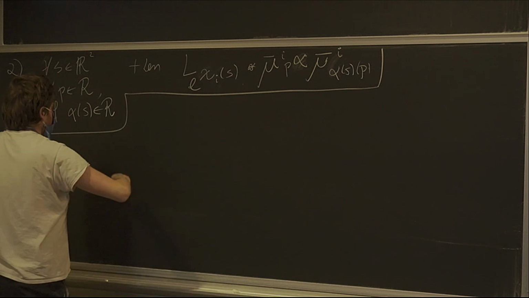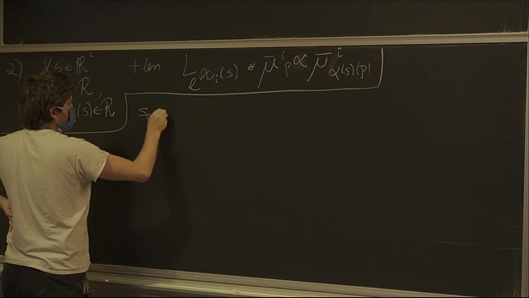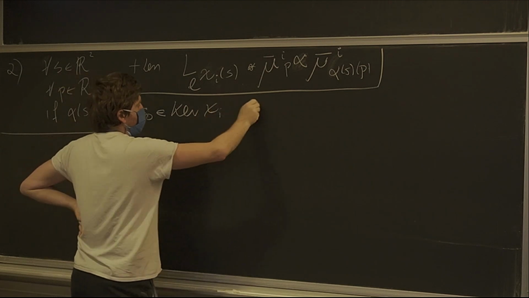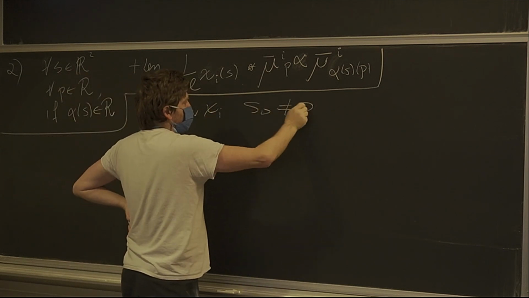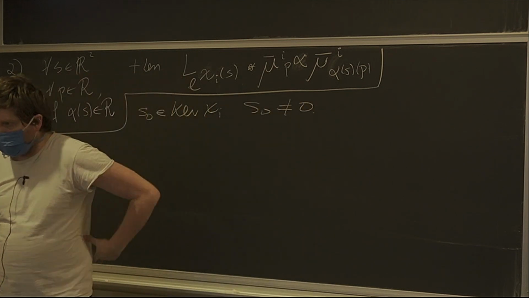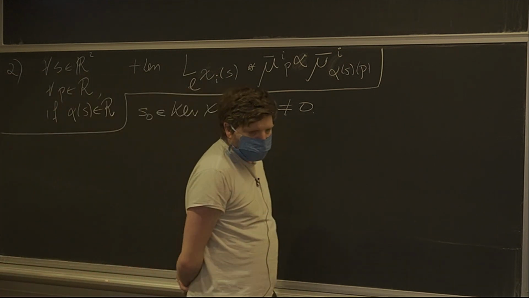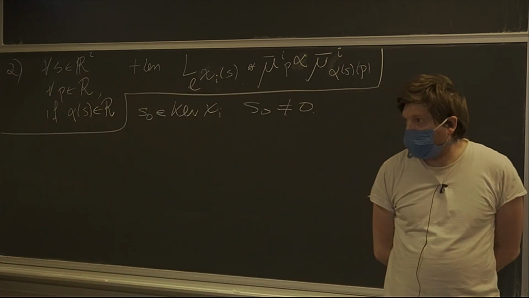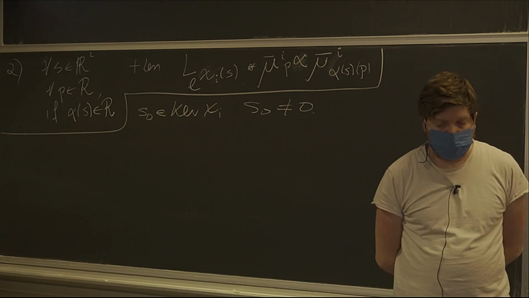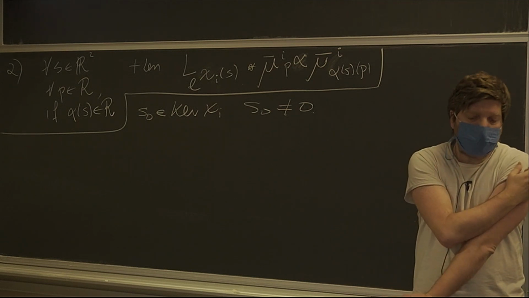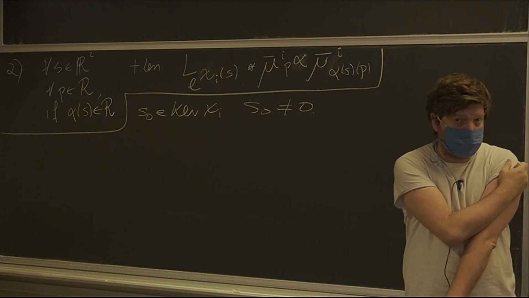Now we take, as we said before, S naught inside the kernel of chi I, S naught non-zero. And now I will do something that we were not doing before, which we will have to bypass in a different, simpler way in the case of the Margulis normal subgroup theorem.